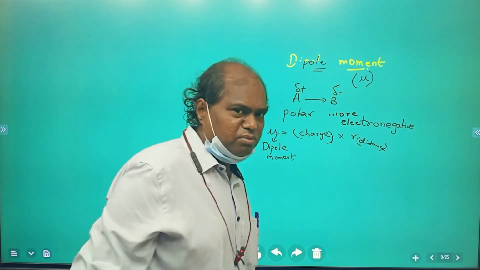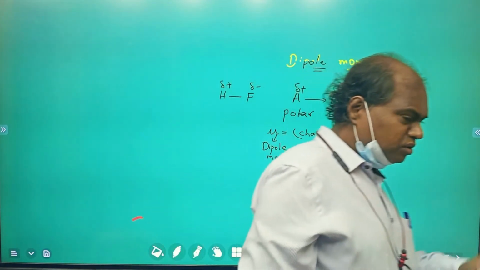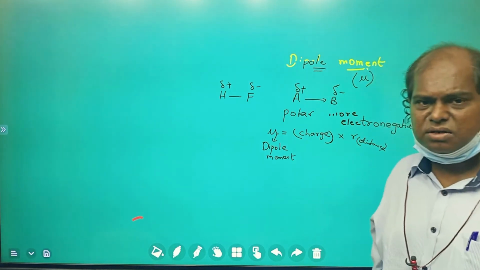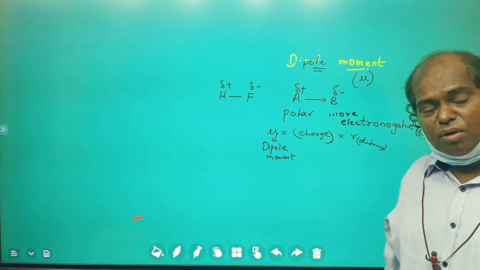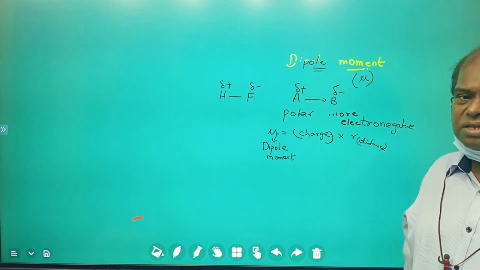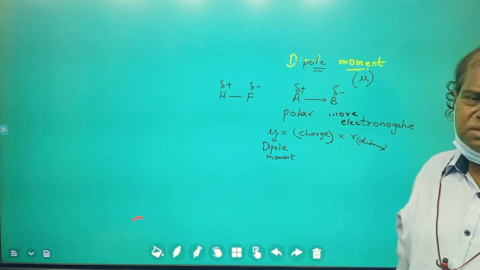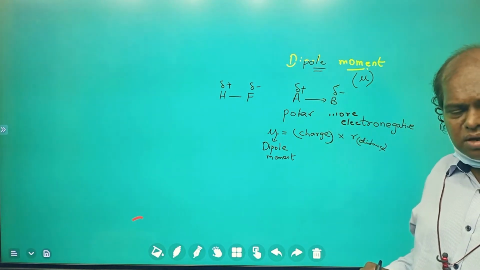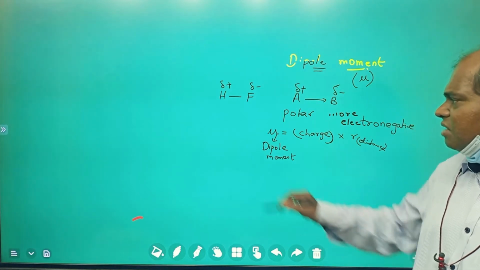Now, why do we study this dipole moment? If you know the dipole moment, you can say whether the molecule is polar or not. If the molecule is polar, it will dissolve in polar solvents. Polar solvents means like water.